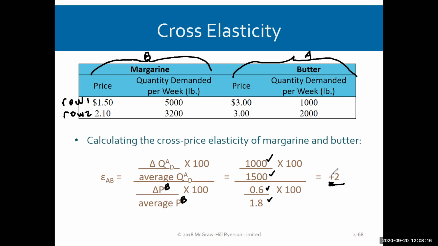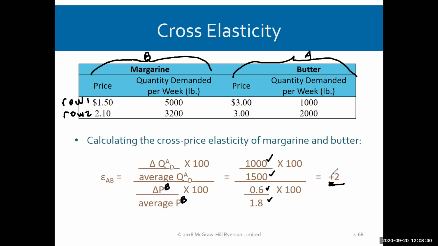So let's take a look at what that means. The next slide will summarize whether it's positive or negative and what that means. But for here, I want you to think intuitively. It means it's a positive relationship. If the price of the B product goes up, the quantity demanded of the A product will go up.